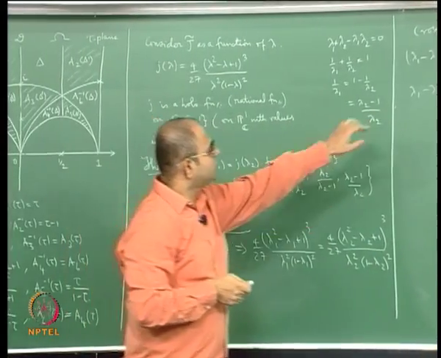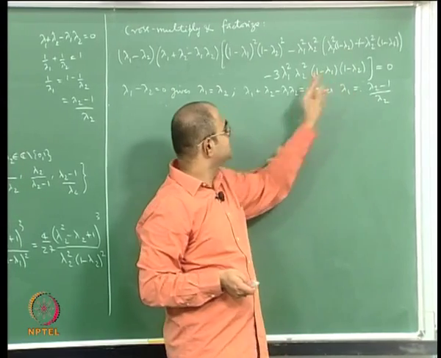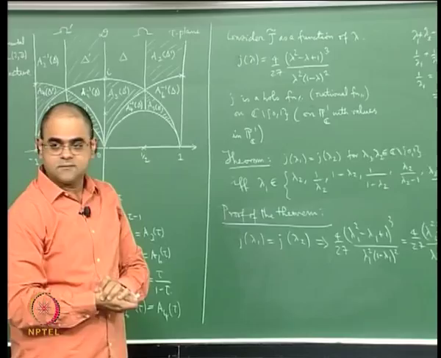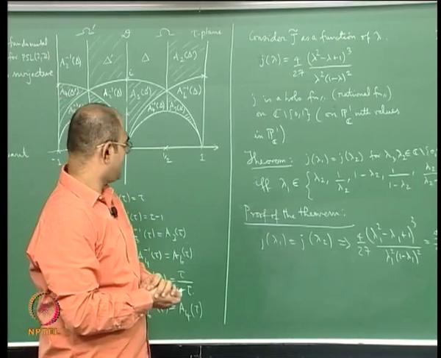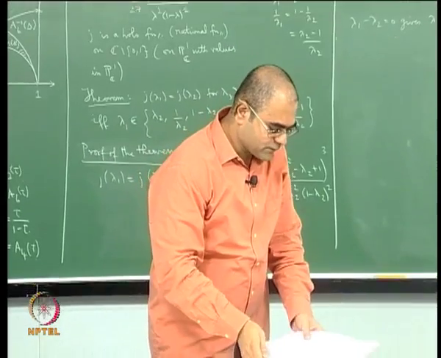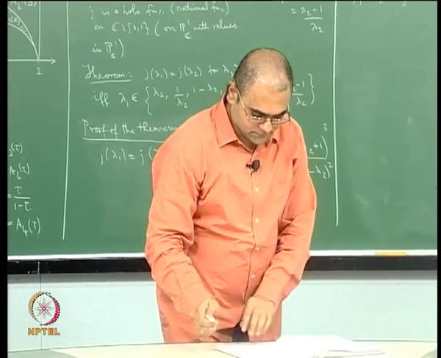Okay, now what is left is the formidable expression inside, which looks like degree 7. What you do with that is you notice the following thing.